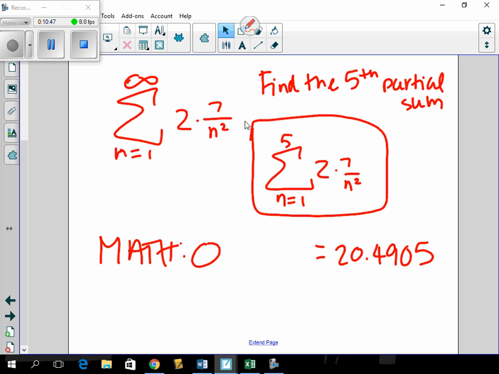So when we're using partial sums, we can use a calculator. It's a bit easier, but all we're doing is summing up the terms from 1 to 5 for the fifth partial sum. If it was 8, we'd sum up the terms 1 through 8.